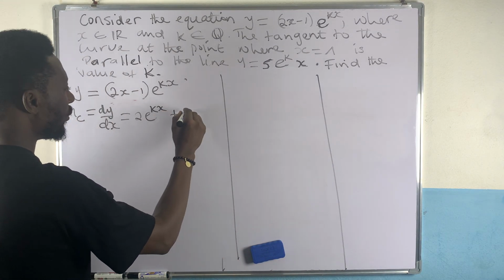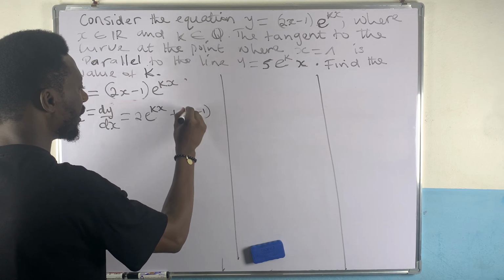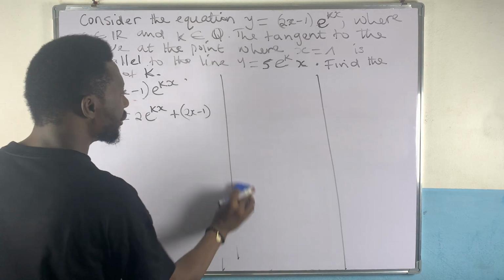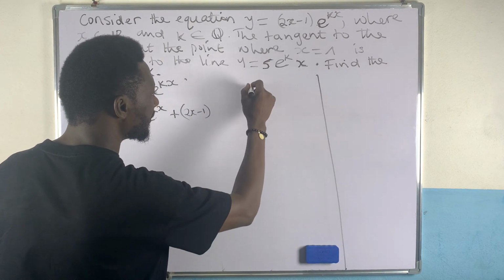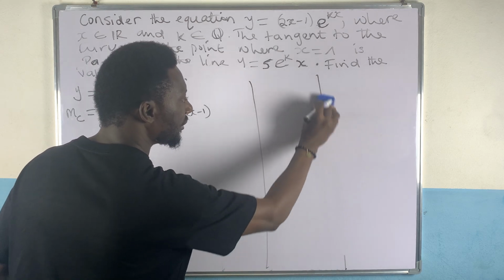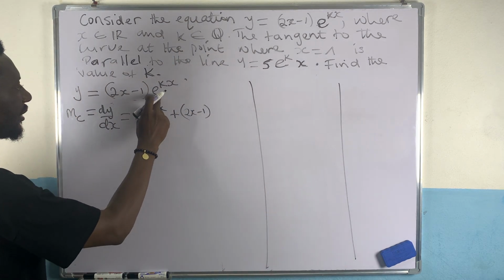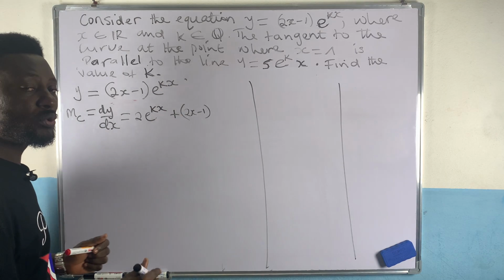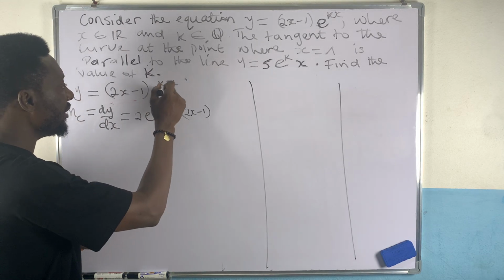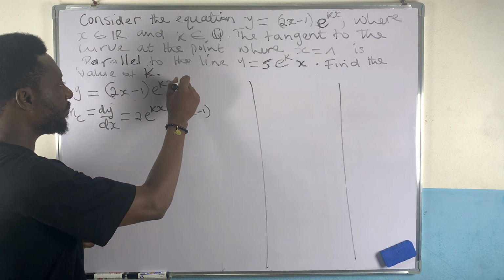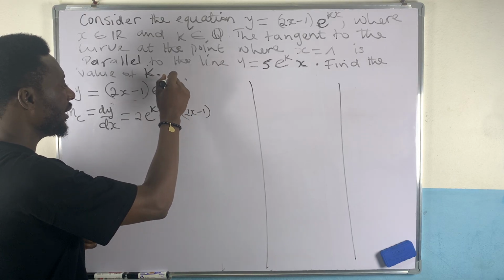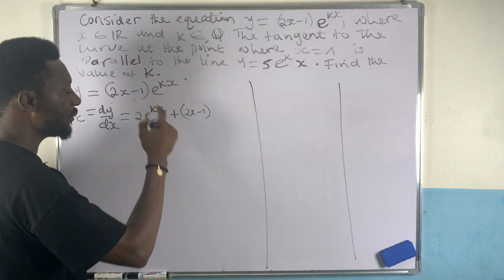So I will have 2x minus 1. What is the differential of e exponent kx? To differentiate anything that has to do with e, just differentiate the exponent on e and multiply it behind the function itself.